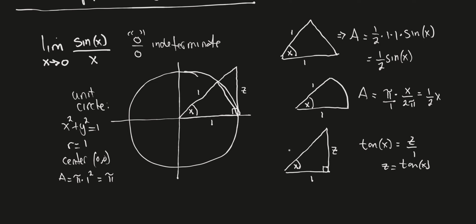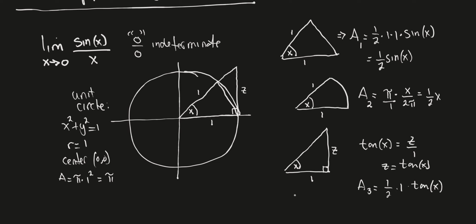So let's call this area 1, let's call this one area 2, and let's call this one area 3, so that we're not using the same symbol to represent different areas. Then area 3 is 1/2 times the base, which is 1, times the height, which is the tangent of X. All right.